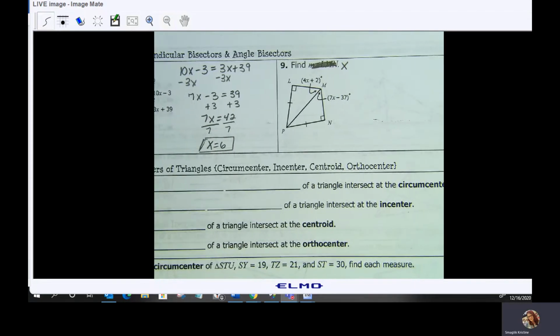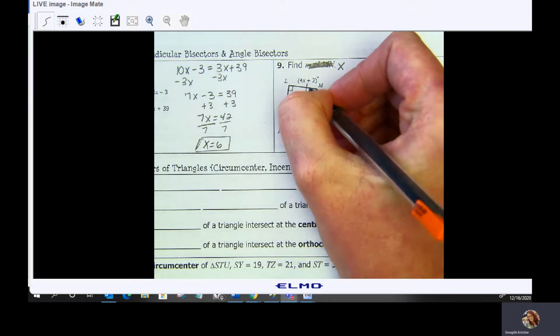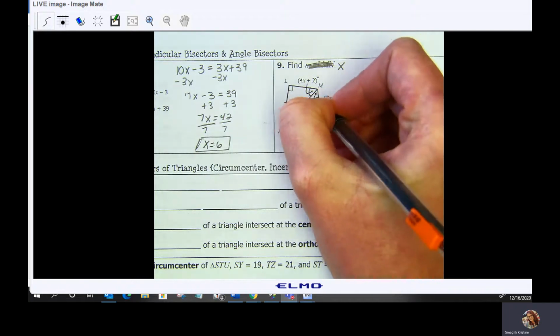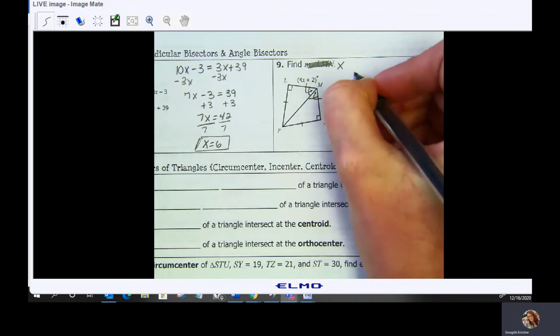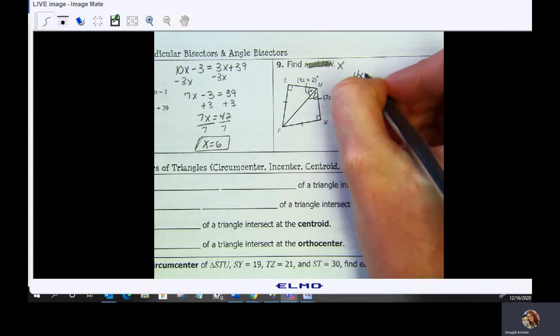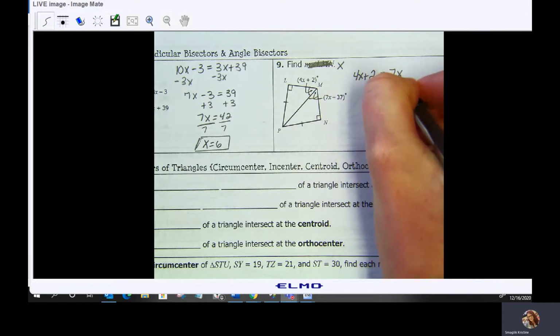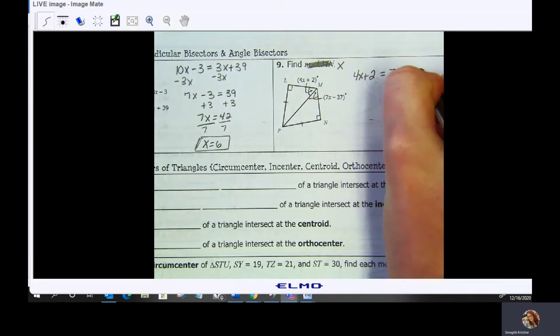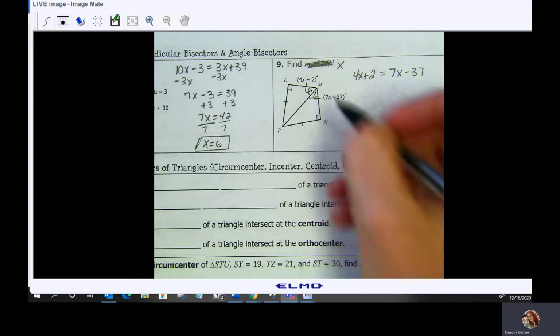And now in number 9, we're given an angle bisector, and if we're bisecting an angle, we're cutting it into two equal parts, so we know these angles are going to be congruent. So let's set them equal to each other and we'll find what x is. 4x plus 2 equals 7x minus 37. I'm going to start by subtracting the 4x from both sides.